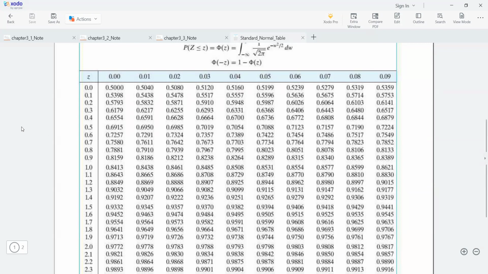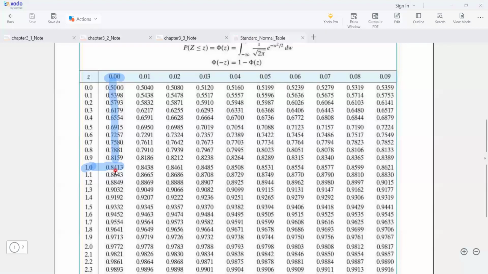Each row increases by 0.1 and each column increases by 0.01. For the row, we find 1.0, and for the column, we look at the first column. Then the intersection between this row and the first column is our value.